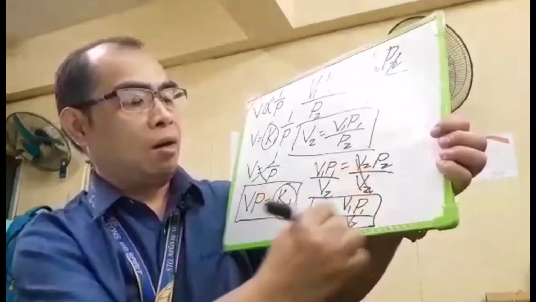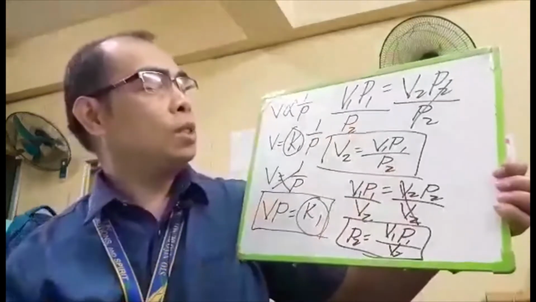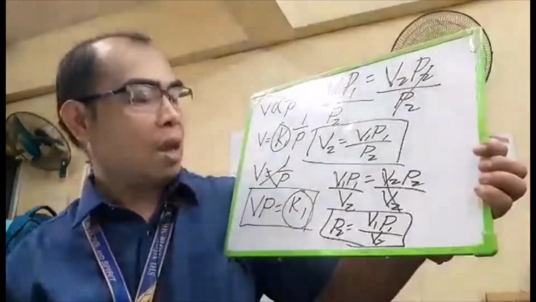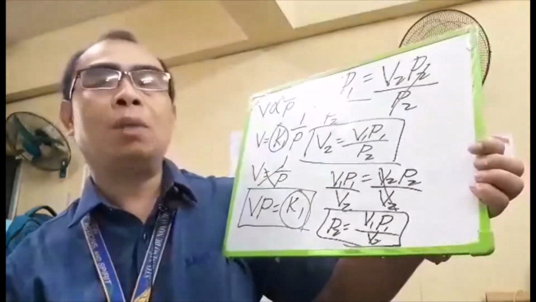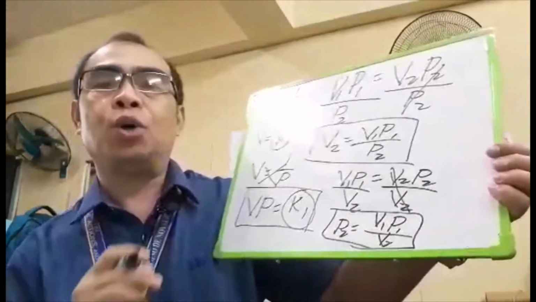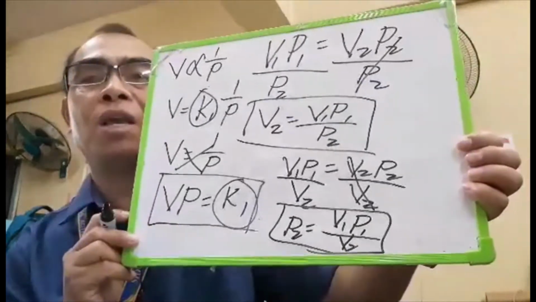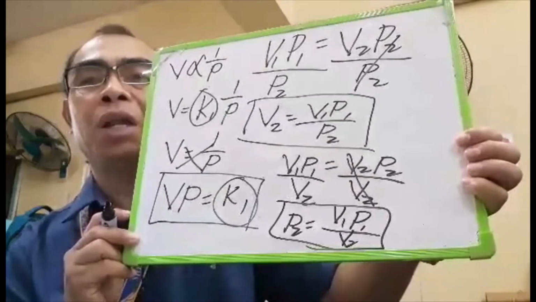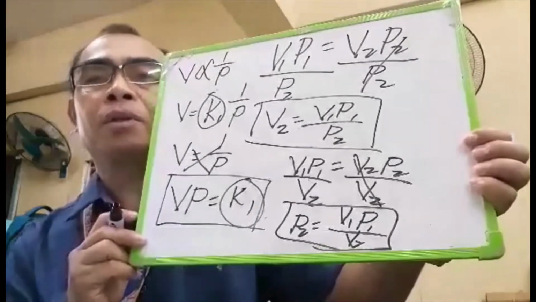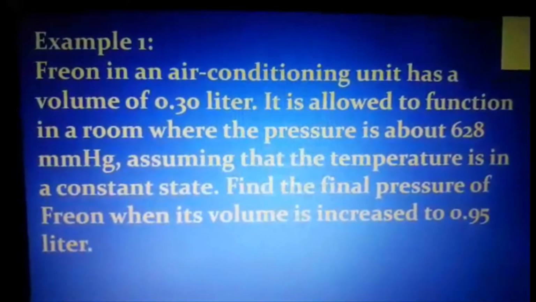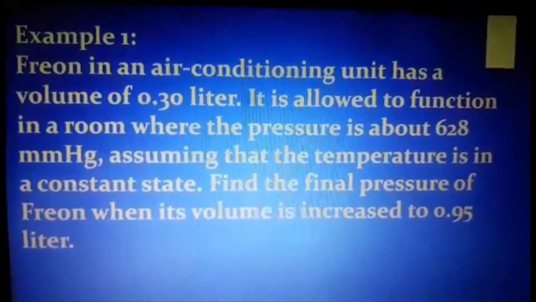So, these are the formulas: V2 is equal to V1 P1 over P2, and P2 is equal to V1 P1 over V2. These are the formulas that we are going to use in solving word problems related to Boyle's law. Ayan, I'd like to give you a problem.